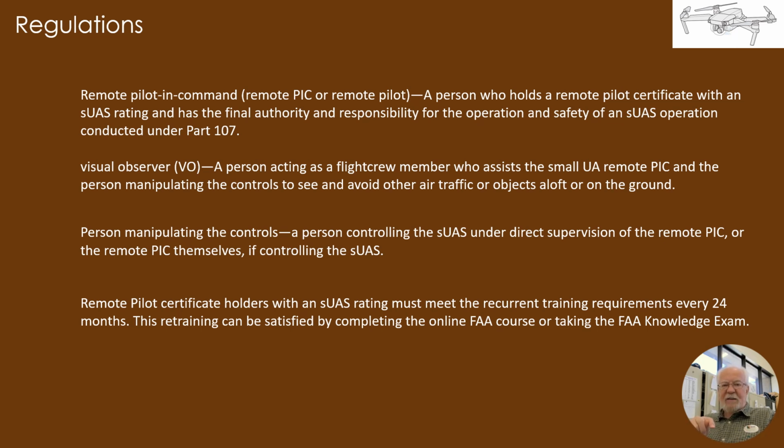That's your rating, so you're limited to only aircraft less than 55 pounds. A visual observer is a person acting as a flight crew member who assists the pilot and/or the person manipulating the controls to see and avoid other air traffic or objects in the air or on the ground. The person manipulating the controls is controlling it under the supervision of the remote PIC.